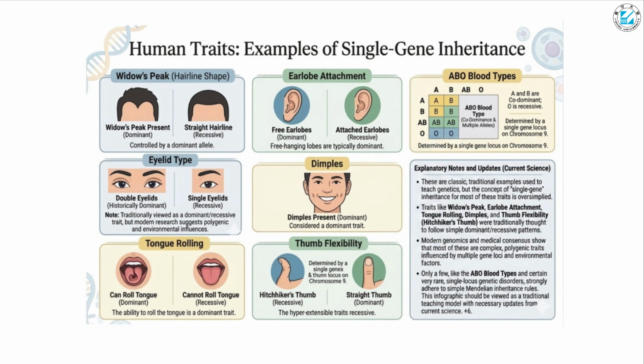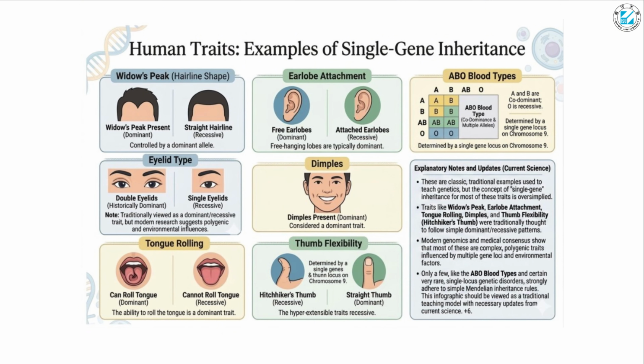Okay. Someone smiles very charmingly. Yeah, he has dimples. If you have dimples, you are very cute. Okay. So dimples present is a dominant trait. Okay. And some flexibility. Can you press your thumb?